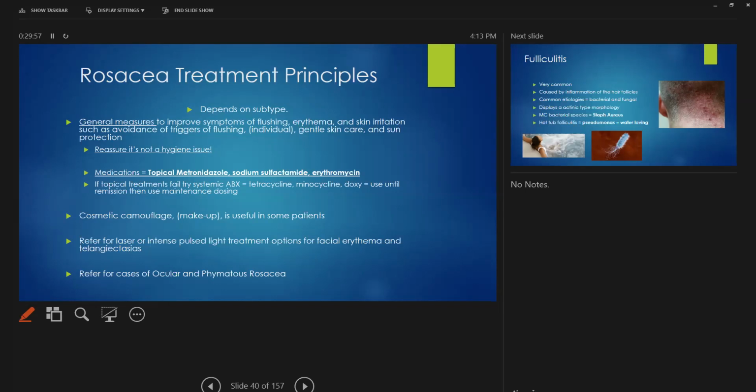If topical antibiotics fail, you can try a tetracycline, a minocycline, or a doxycycline, some medication of that class will help. And then you can also use cosmetic agents to cover it up. Laser therapy is helpful for the telangiectasias. And then you can refer cases of ocular or phymatous rosacea to dermatology. This one's probably going to go to ophthalmology as well.